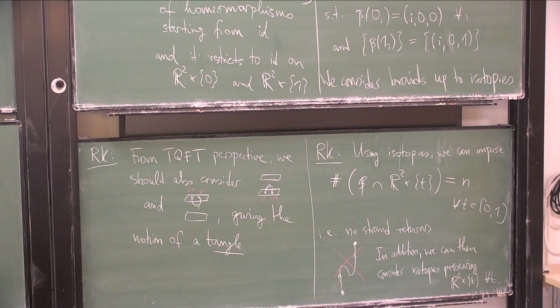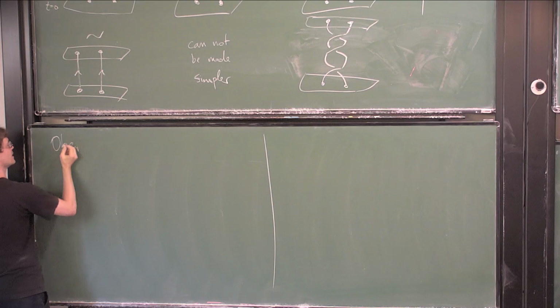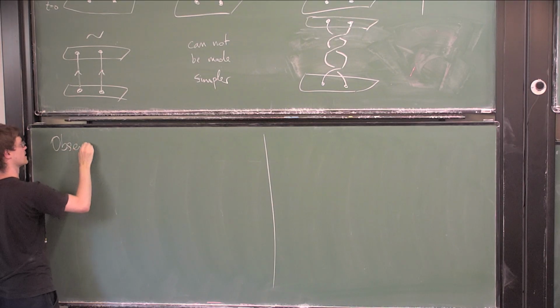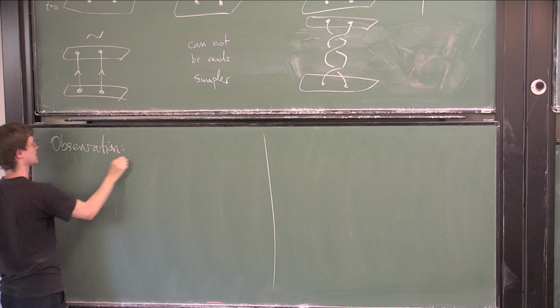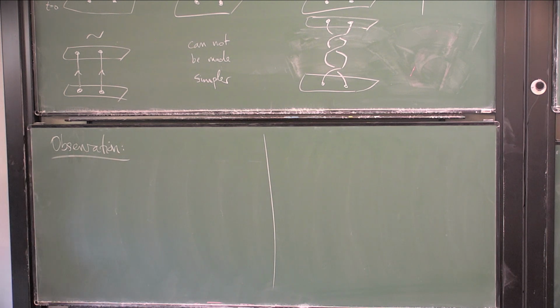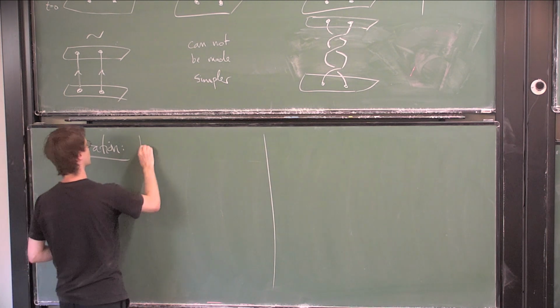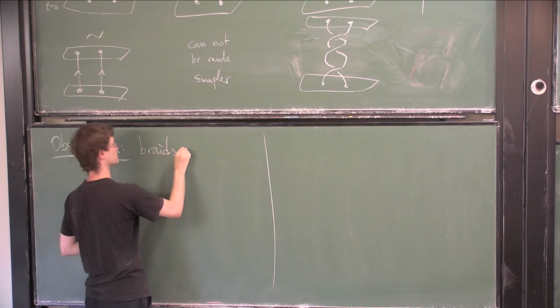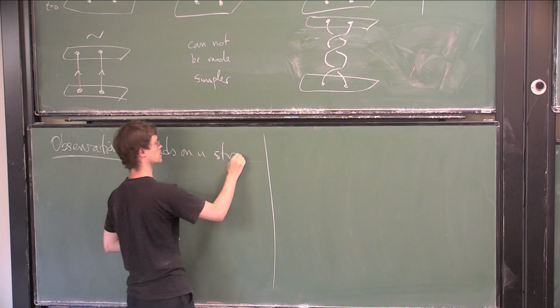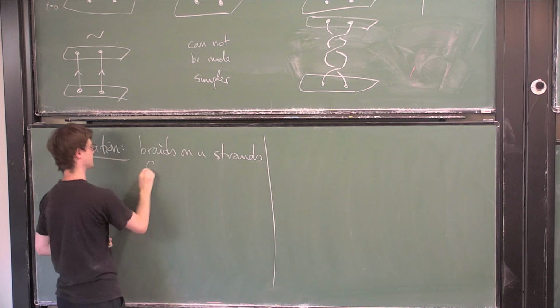I feel like the discussion will go on for a long time. Okay, so the observation is the following: braids on n strings form a group.